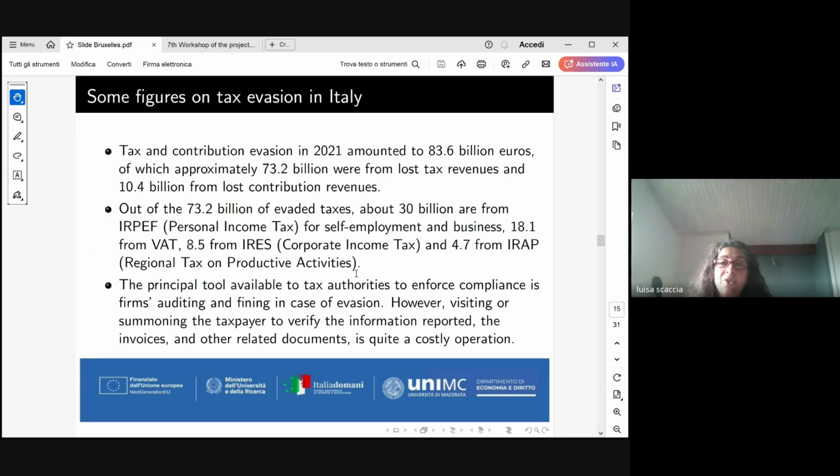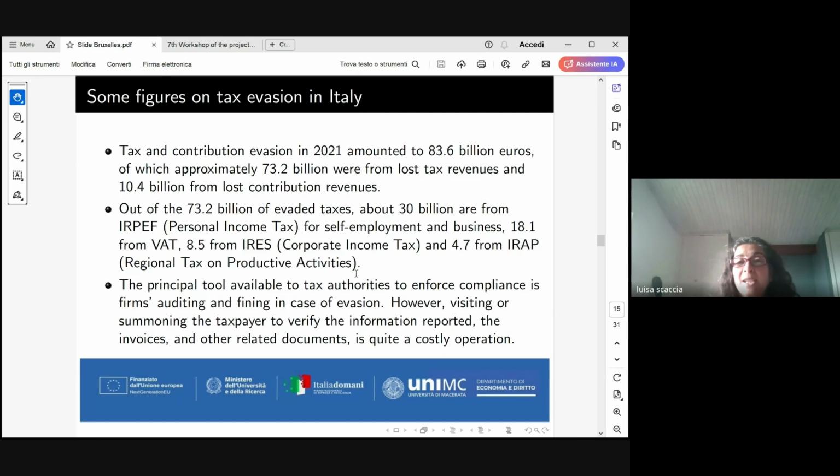I will show you our application to discovering tax evasion. This is a huge problem in Italy. Everyone of us knows it, so no need to speak too much about it. I just give you some data here.